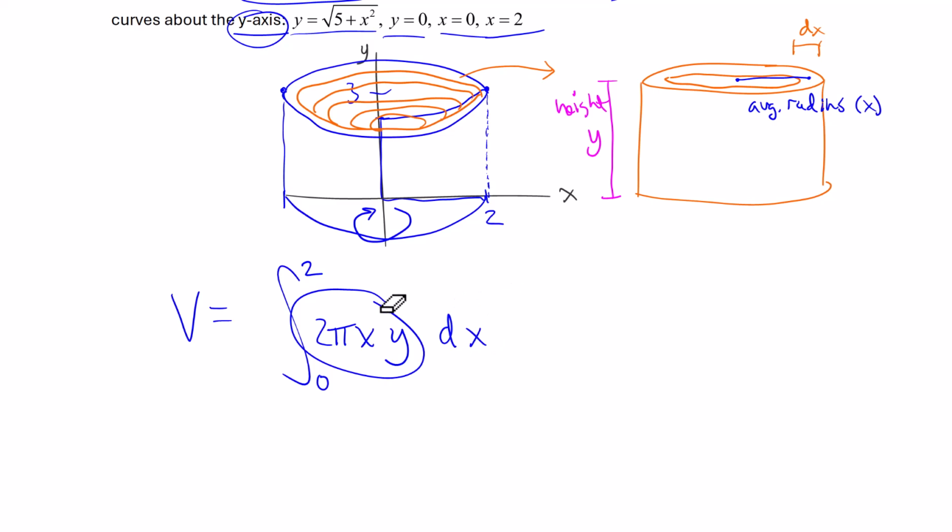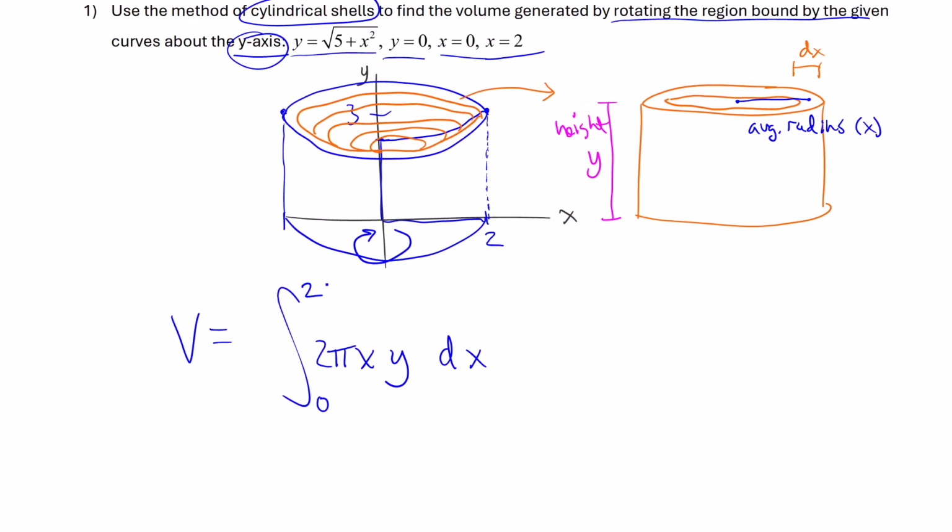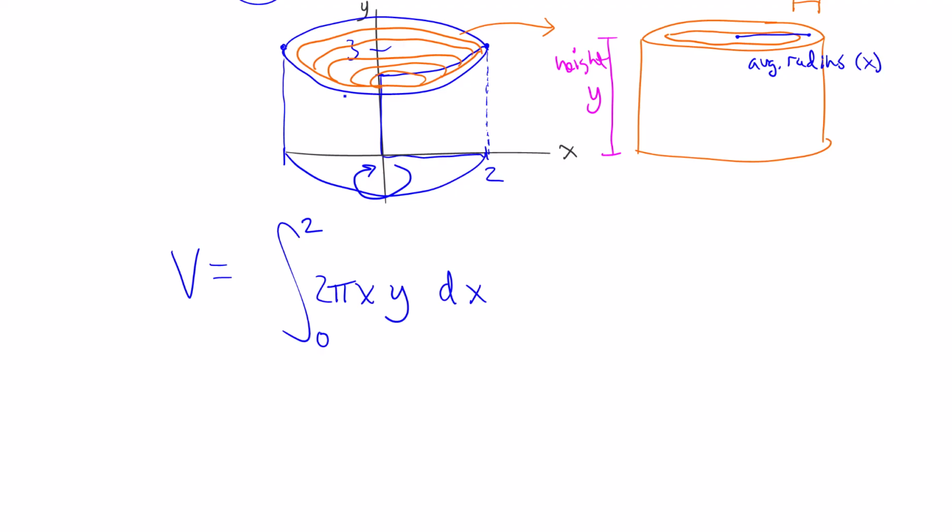So obviously with the variable of integration being an x, I don't want a y in my integrand, so all we have to do is replace y with, in this case, what's given quite clearly to us as the equation of that curve, y equals, in terms of x, the square root of 5 plus x squared. So we'll simply rewrite this as the integral from 0 to 2 of 2 pi x, and then instead of y, we're going to put the square root of 5 plus x squared.